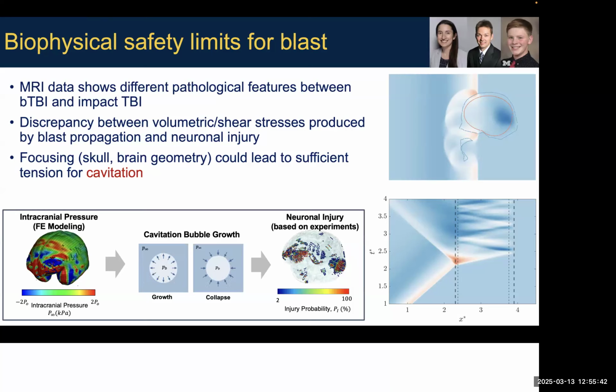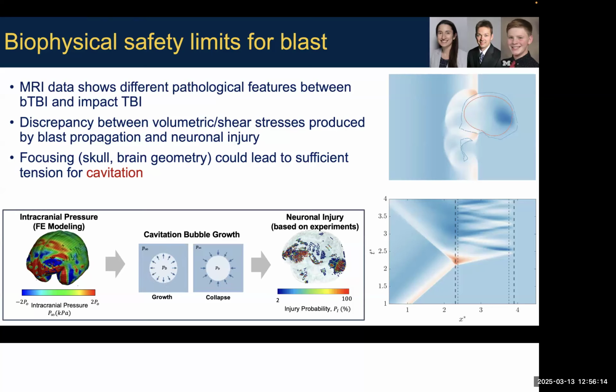Now, the conventional wisdom up until this point has been that blast propagation could lead to deformations of the tissue that would themselves lead to injury. But it turns out that the stresses, strains, and deformations produced by the propagation of the blast are not sufficient, at least according to dynamic experiments on neurons, to lead to significant injury, at least by mechanisms that have been identified so far.